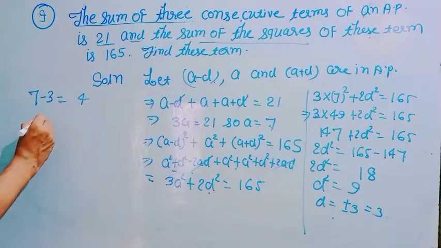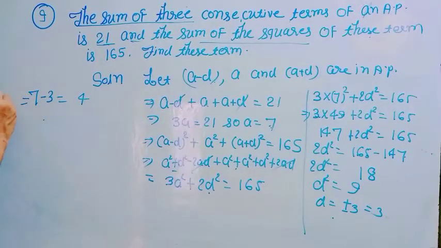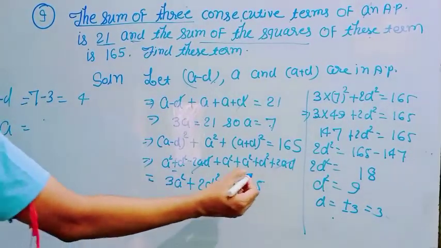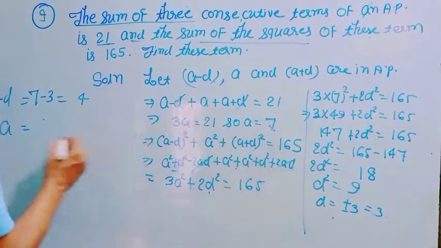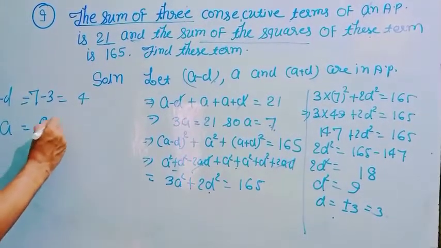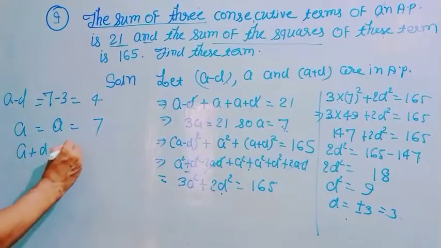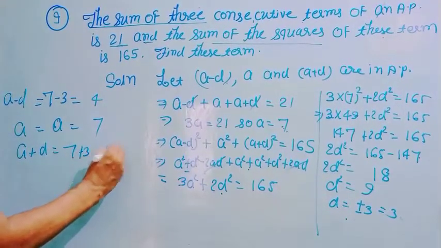Next number is A, that is 7. And third is A plus D, that is 7 plus 3, that is 10.